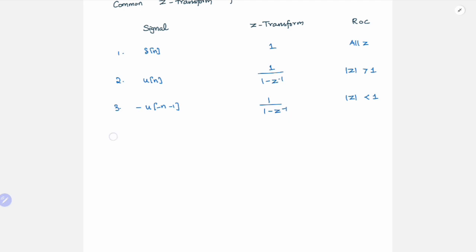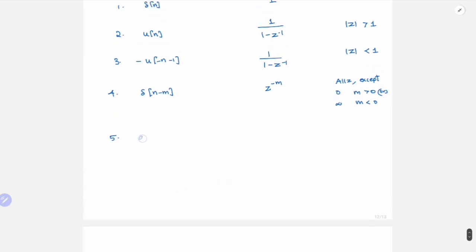And if you have a shift in your unit impulse, what will you have? You will have z power minus m, and again you will have all of z except 0 if my m is greater than 0 and infinity if my m is less than 0, correct? So this difference I'll have.